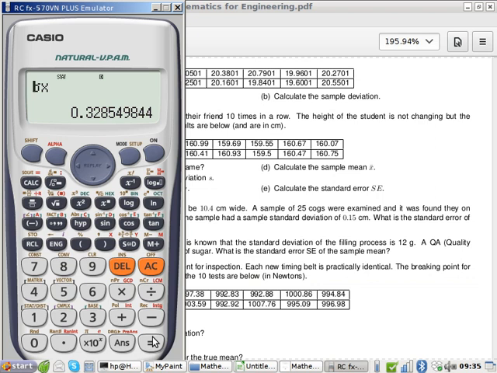If I wanted the confidence interval, I could do Shift 1, average plus 1.96 times standard deviation over square root, and I don't even have to count them because I can do Shift 1 variables n.